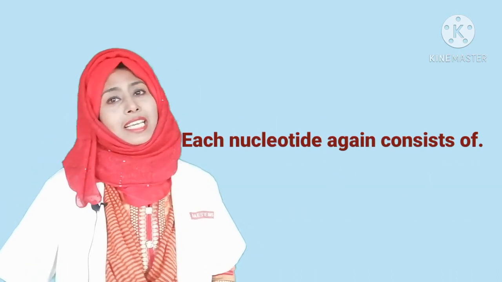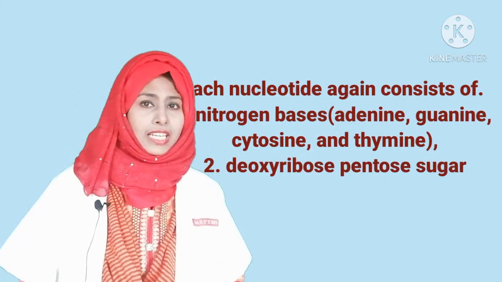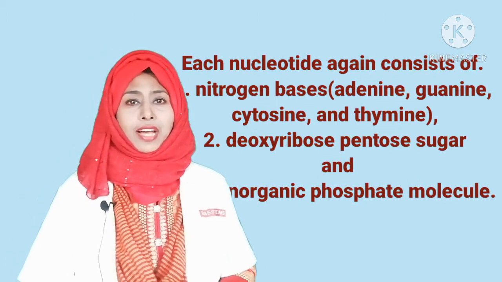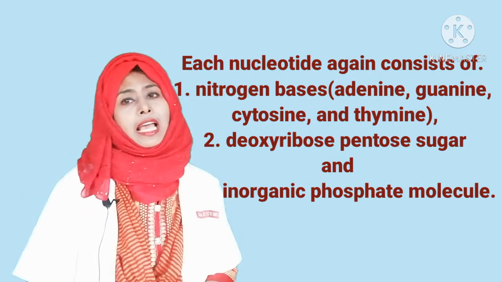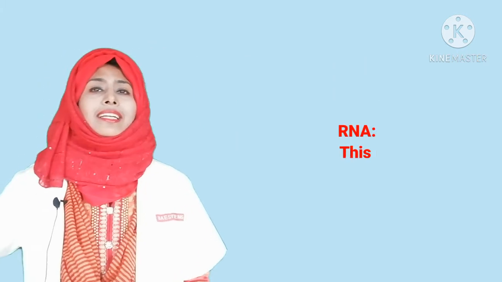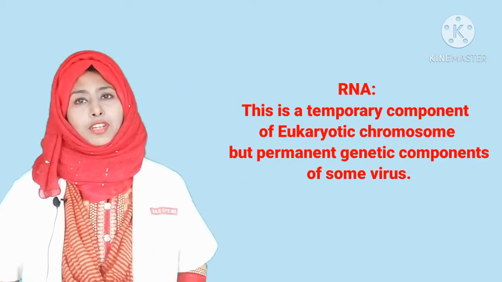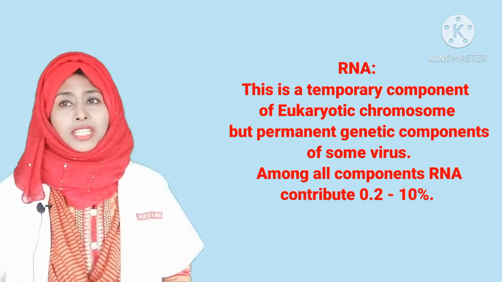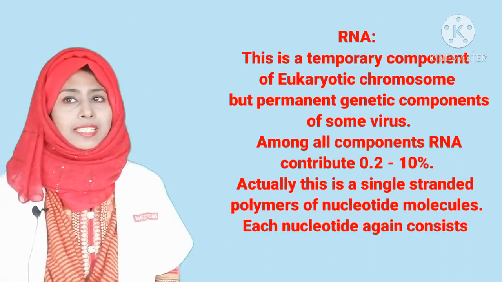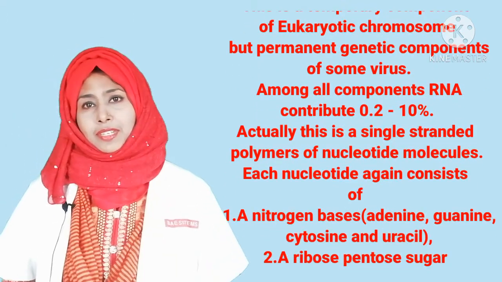Each nucleotide again consists of nitrogen bases, that is adenine, guanine, cytosine and thymine, deoxyribose pentose sugar, and an inorganic phosphate. Then RNA. It is a temporary component of eukaryotic chromosome but the permanent genetic component of some viruses. Among all components, RNA contributes 0.2 to 10%.